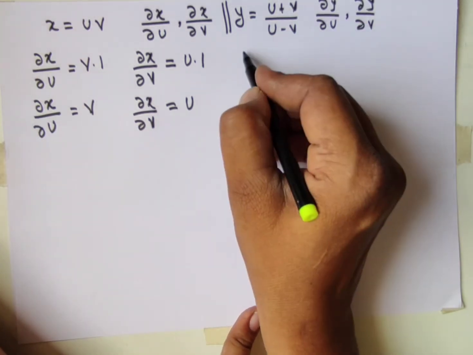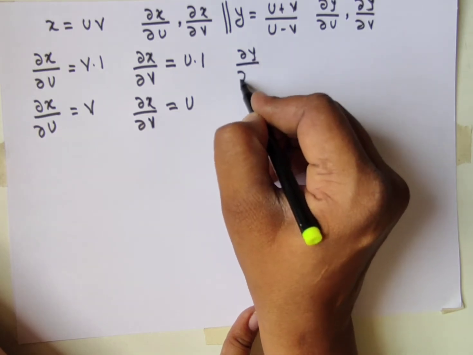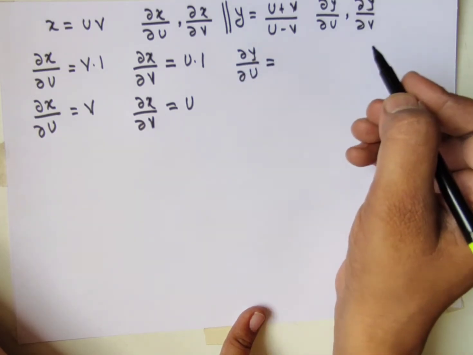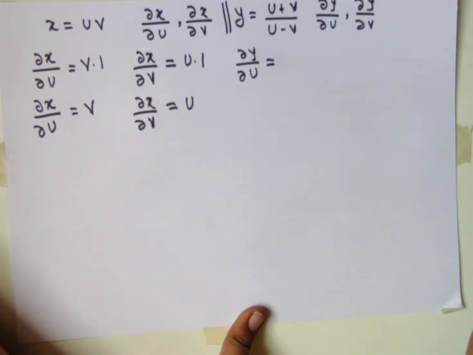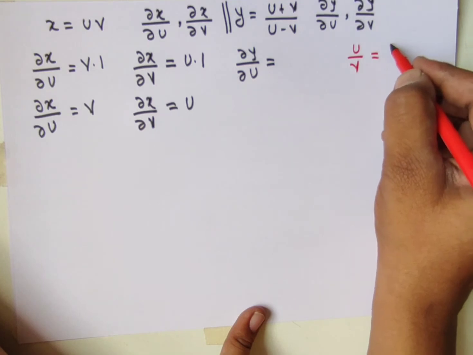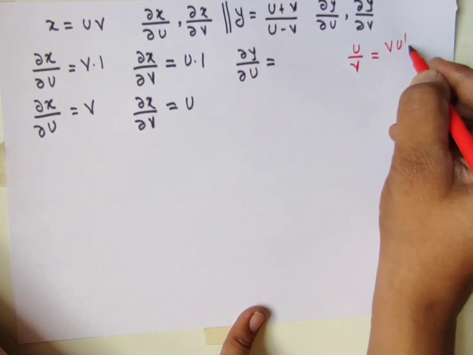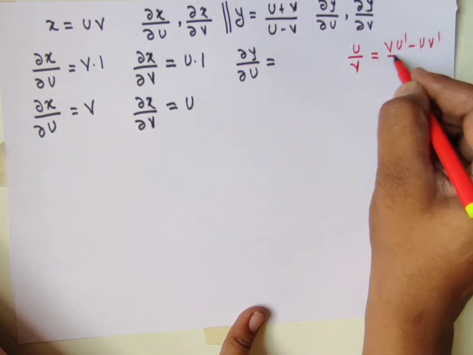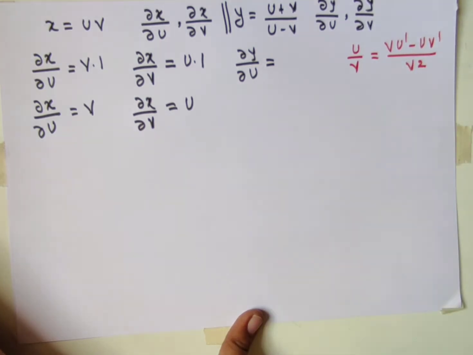To find ∂y by ∂u, here we have to use the u upon v rule. Whenever we differentiate u upon v, it is equal to (v u' minus u v') upon v square.